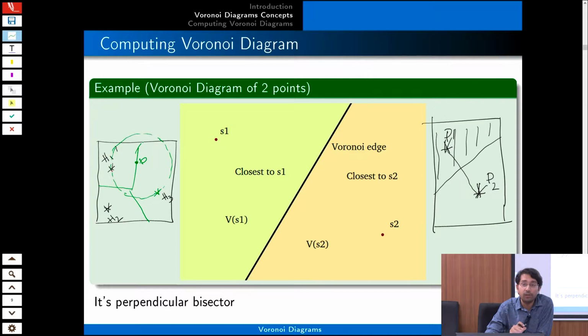The circle will not contain any other site points that are given to us. If we are given more than 3 site points, it cannot contain H2. If it contains H2, that means H2 is closer to P than H1 and H3. So, these are the two basic properties of a Voronoi diagram.